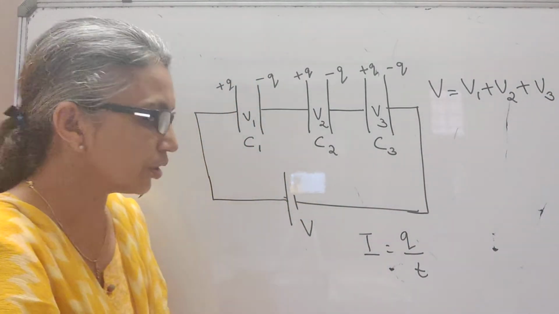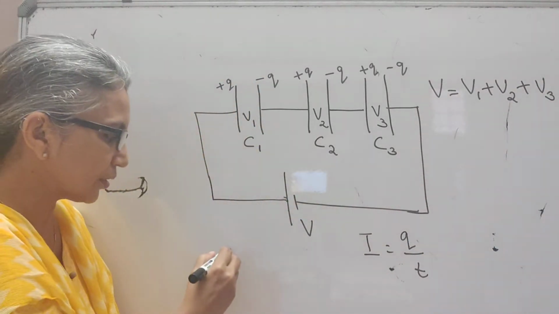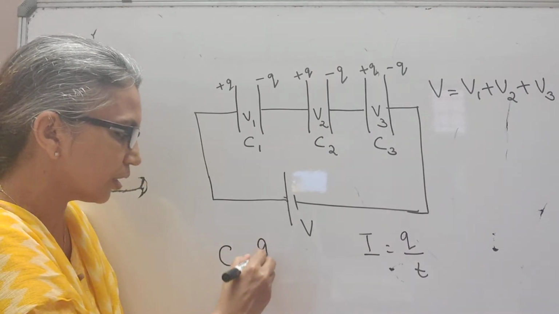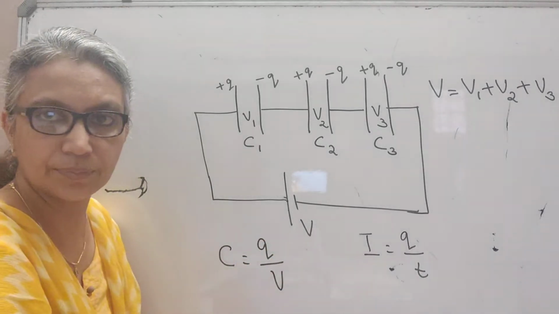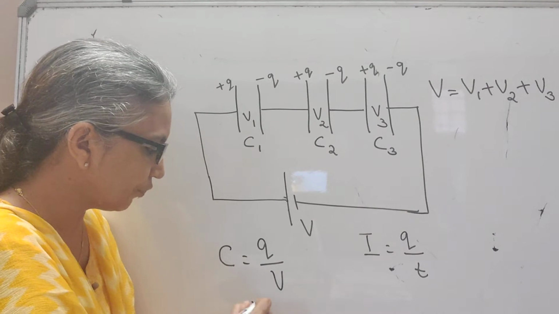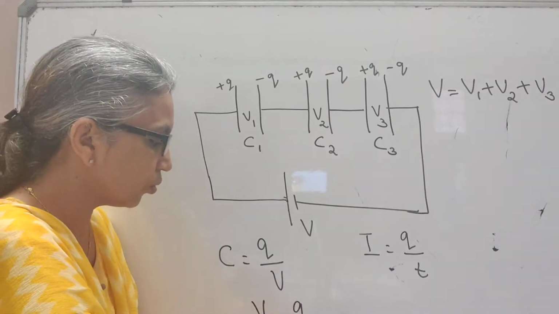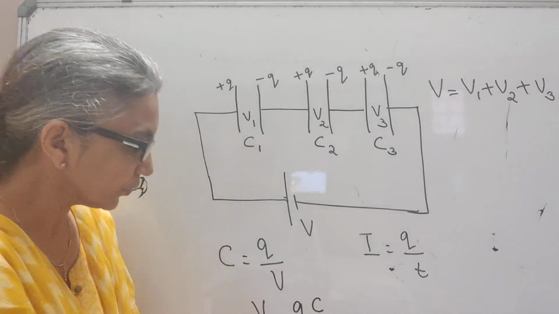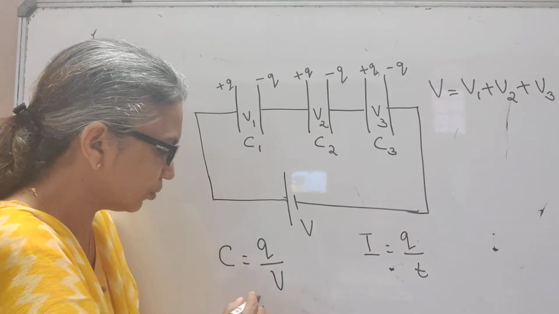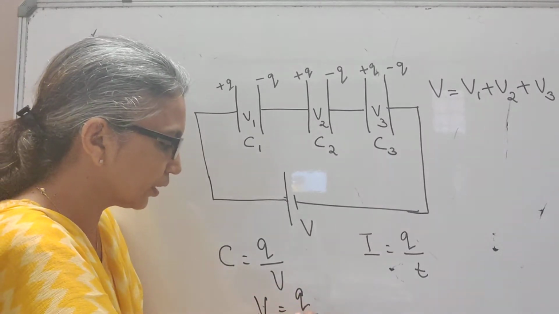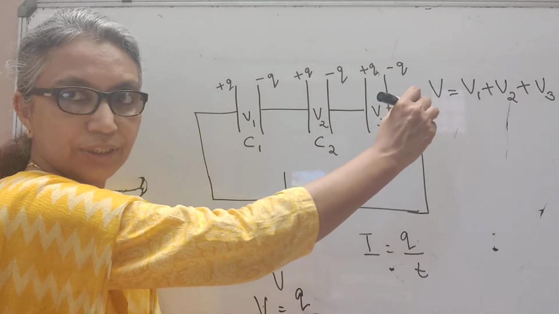Now in my previous session I had taught you that for any capacitor, capacitance is a constant which is a ratio of Q by V. From this we know V equal to Q by C. So this is what I'm going to use here.